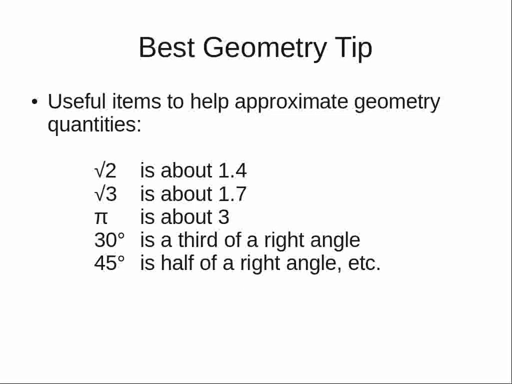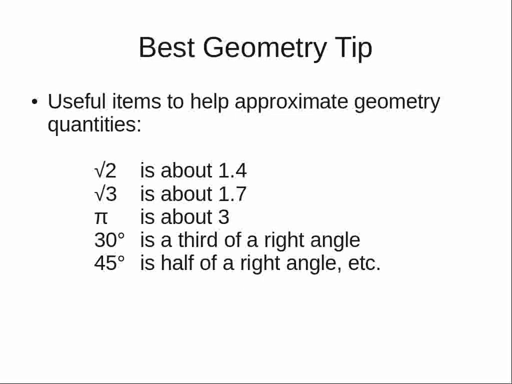Now angles. If you want to know roughly the size of a 30-degree angle, it's a third of a right angle, right? Because 30 is 1/3 of 90. 90 degrees is a right angle. 45 degrees, that's half of a right angle.